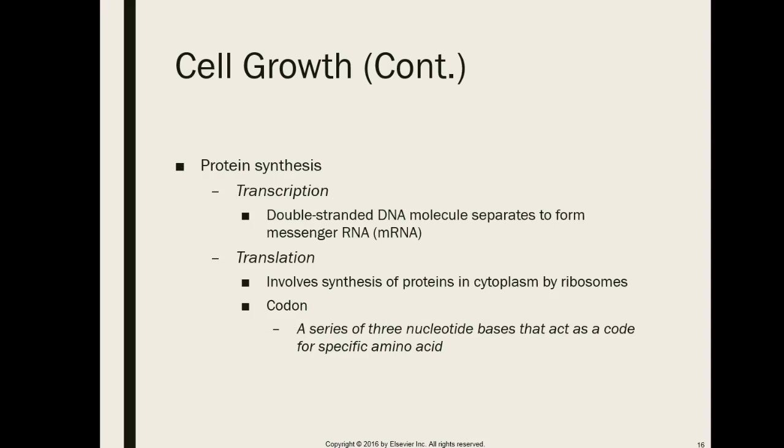But I'm not going to spend a lot of time on them. So transcription is where the double-stranded DNA molecule separates to form messenger RNA, or mRNA. So these are going to pass from the nucleus to the cytoplasm, where they begin to direct protein synthesis in the ribosomes and endoplasmic reticulum.